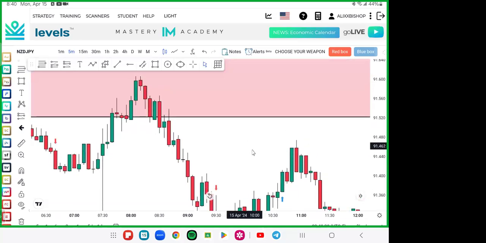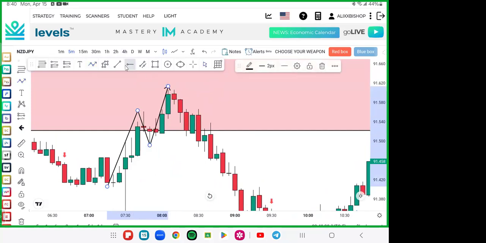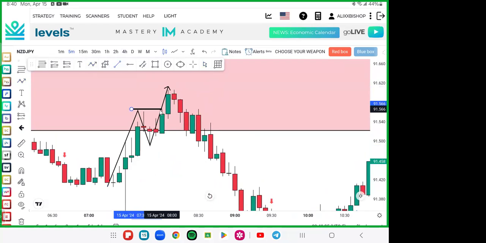Okay, so let's take a look. Notice how this is the last pullback, higher high, higher low, market's inside of our zone. So this would be my BOS.